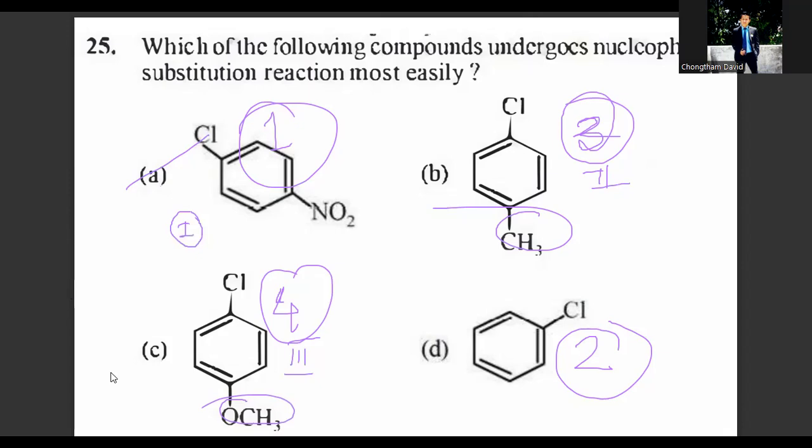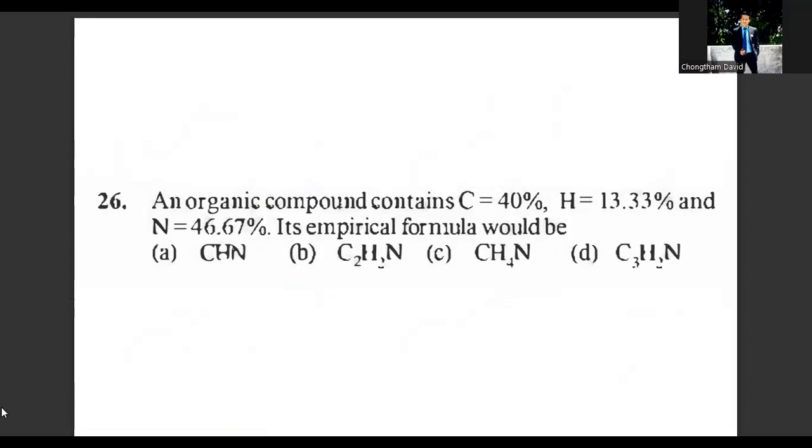Question number 26. An organic compound is given to you, carbon percentage is 40, hydrogen is 13.33, nitrogen is 46.67. Its empirical formula would be, as in the above question, you have carbon percentage by atomic mass giving 3.33.